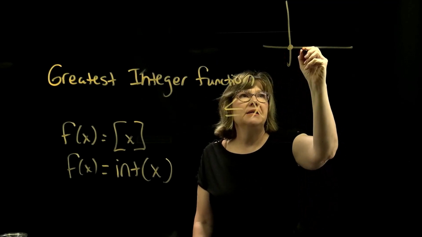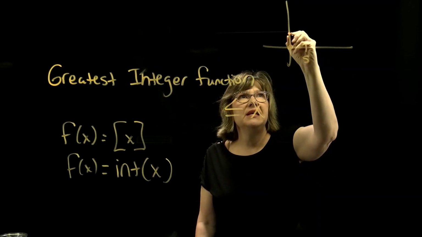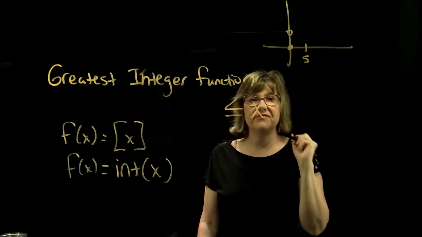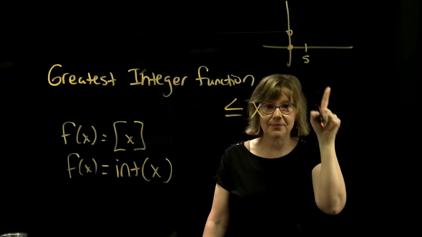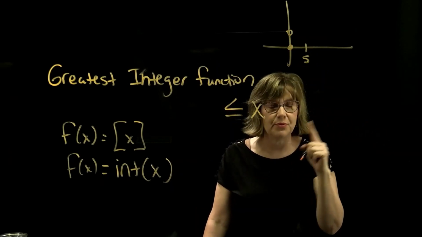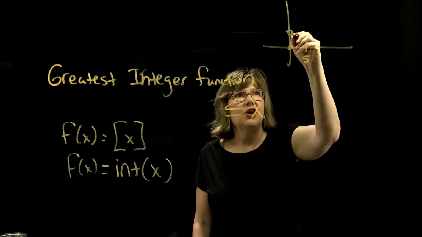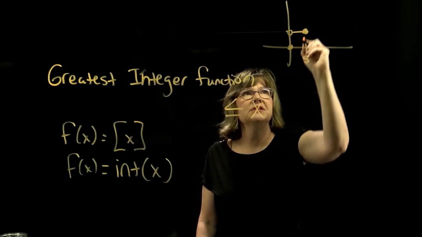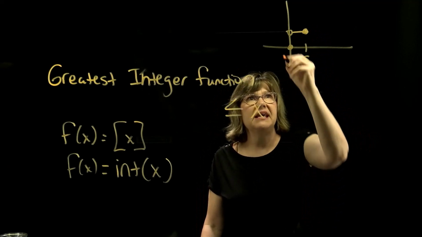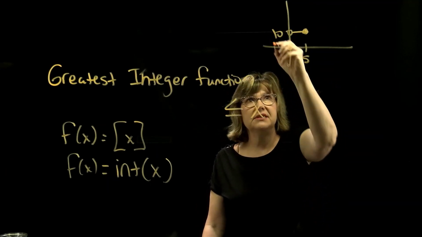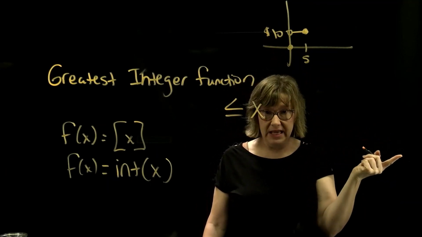But say it weighs a little bit more than 0, so 0.1, 0.2, whatever. And then say all the way up to 5 pounds, we charge, say, $10 for those weights, to mail it, right?